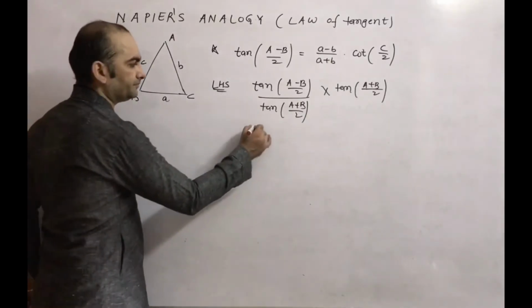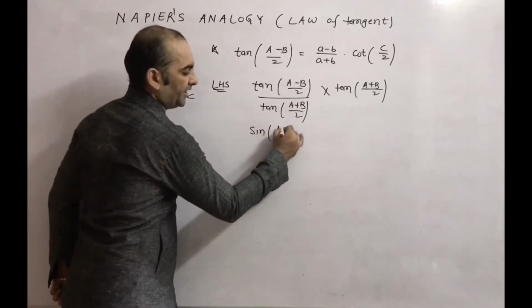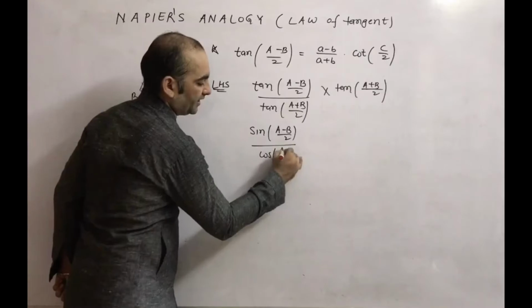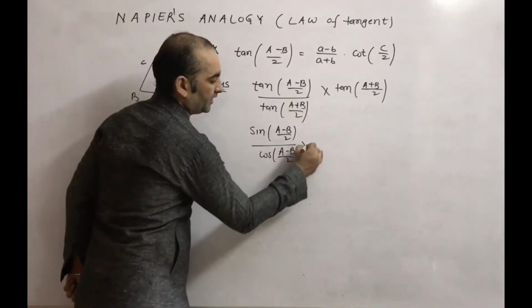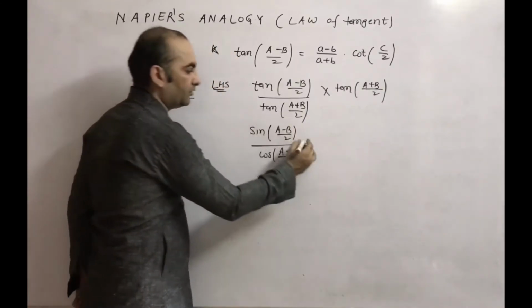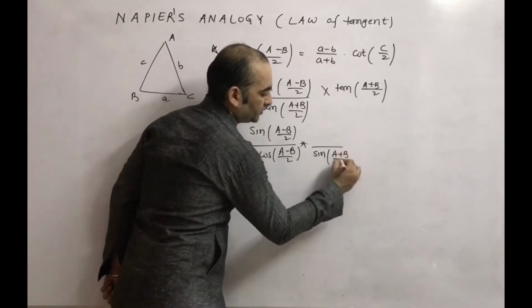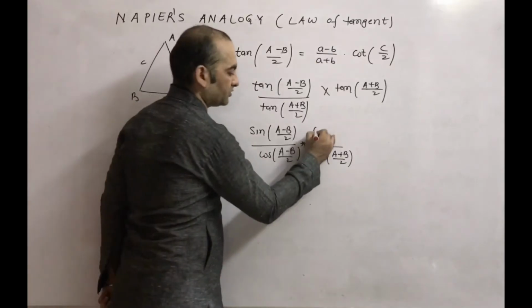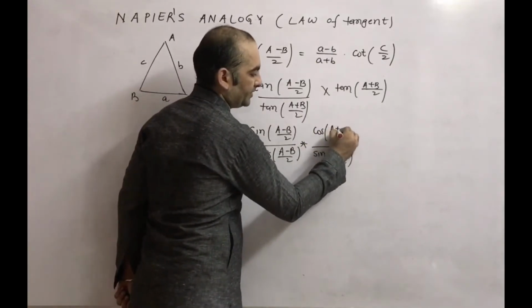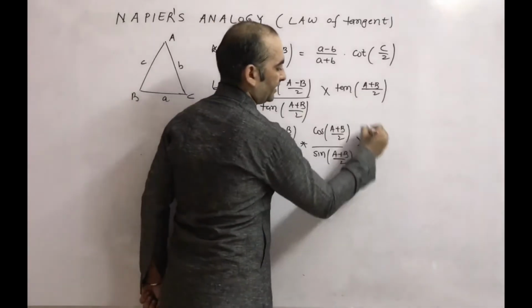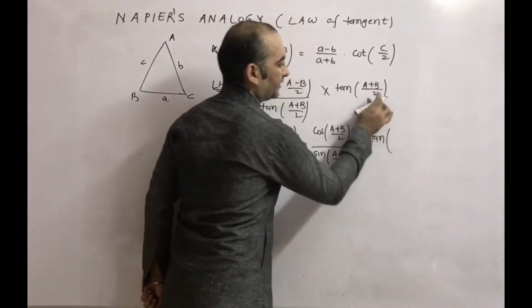So we get sine of (A minus B)/2 divided by cos of (A minus B)/2, into cos of (A plus B)/2 over sine of (A plus B)/2, into tan of (A plus B)/2.